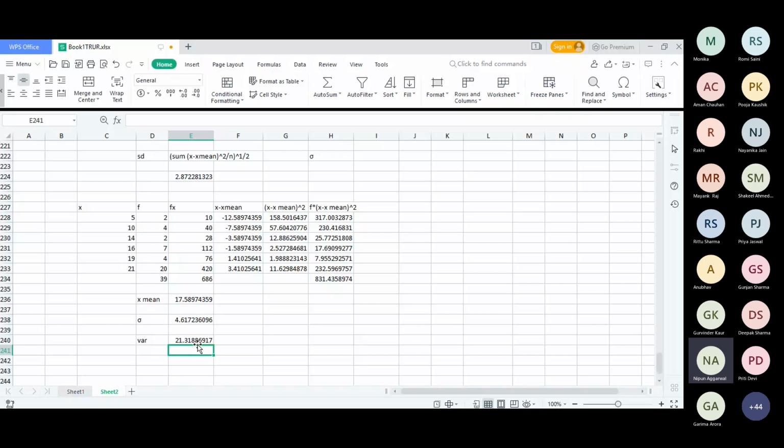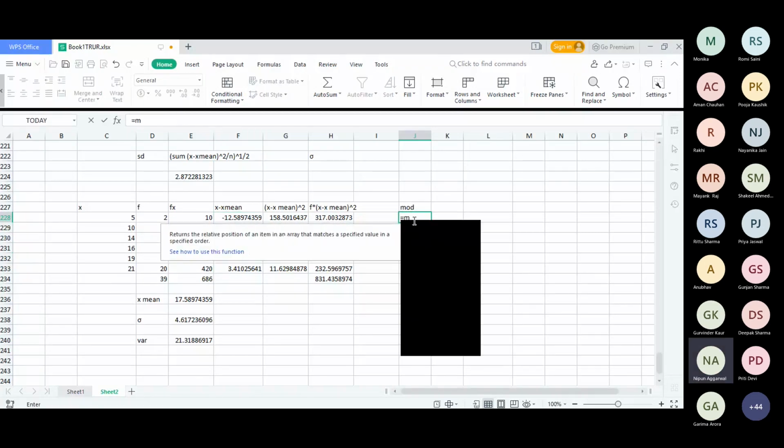In the same way, if we want to calculate the mean deviation, instead of squaring, you have to take the mod. So the mod of x minus x mean becomes positive for all these values. We have to apply the modulus function.